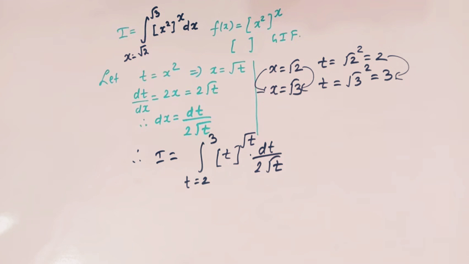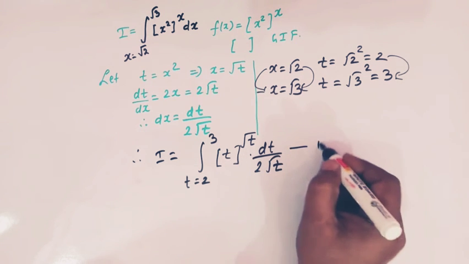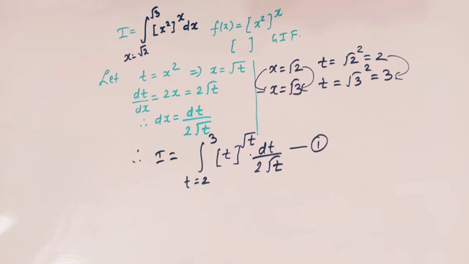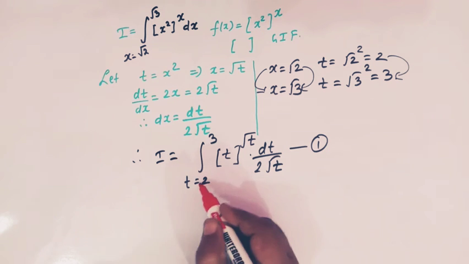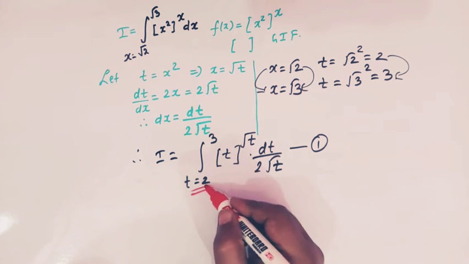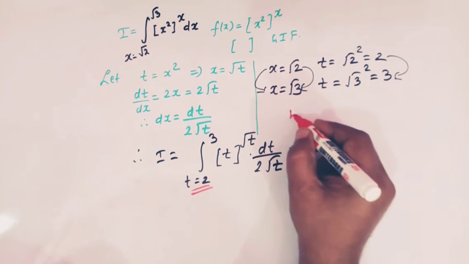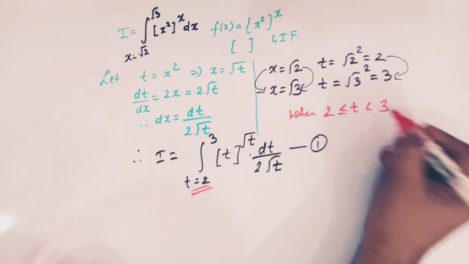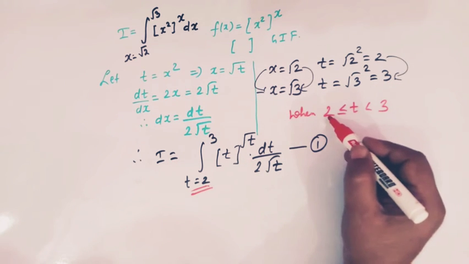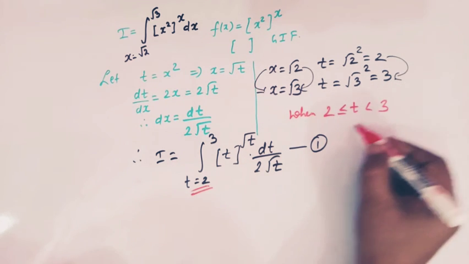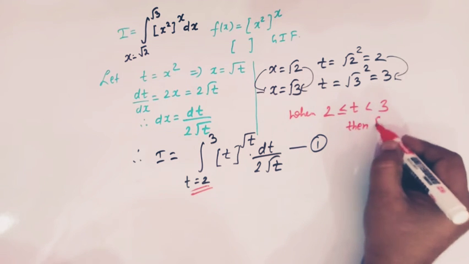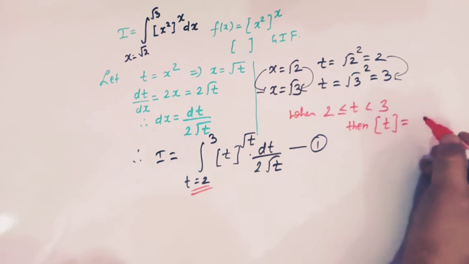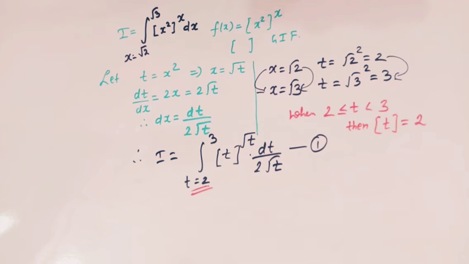Now to move further, let us make use of the definition of the greatest integer function. Here t varies from 2 to 3. So when t lies between 2 and 3, then the value of greatest integer t is equal to 2.